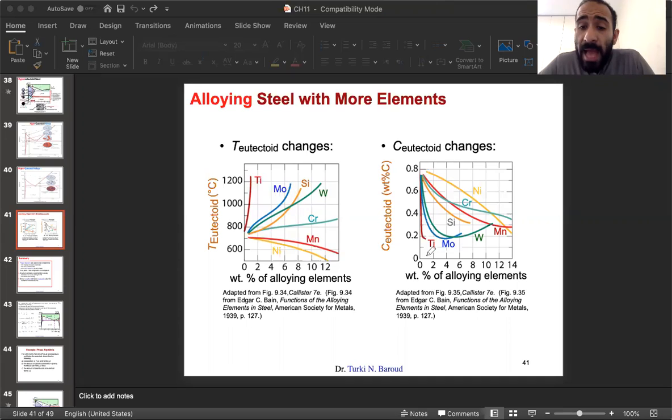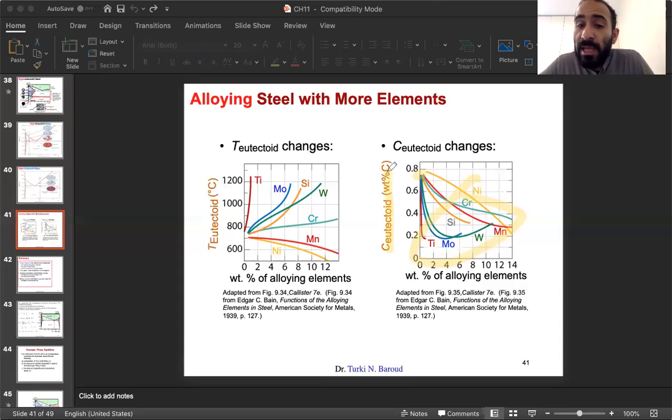Similarly for the composition, you can see here that all the alloys you are adding are shifting the composition from 0.76 to lower composition. Let's take the molybdenum here. The more molybdenum you add, the temperature is going to decrease, and the eutectoid composition is going to go to lower composition.